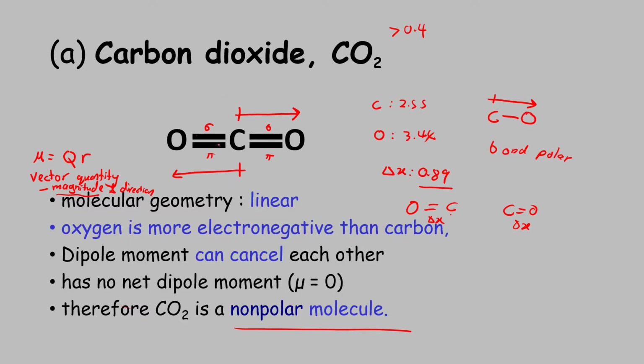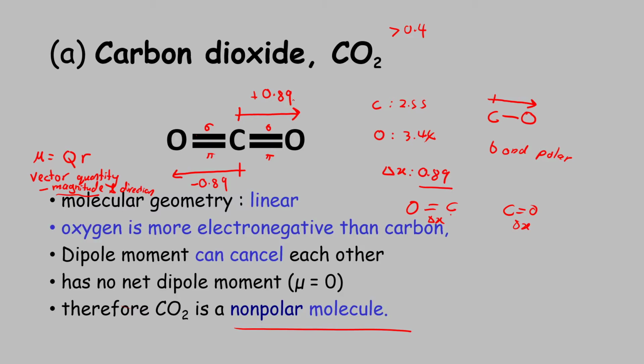For example, this is not the actual value, but say the dipole moment of this is negative 0.89, while this is positive 0.89.